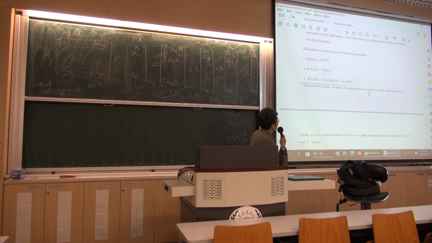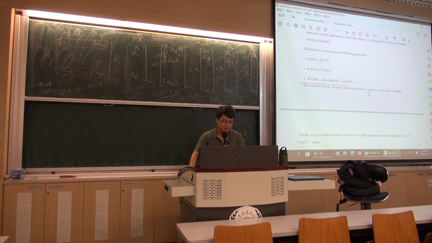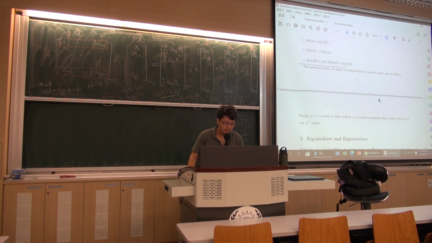And for the determinant, the operation can be separated, and the order does not matter.